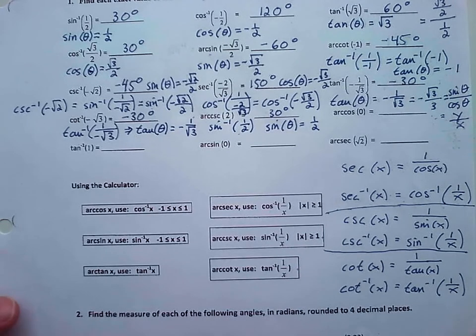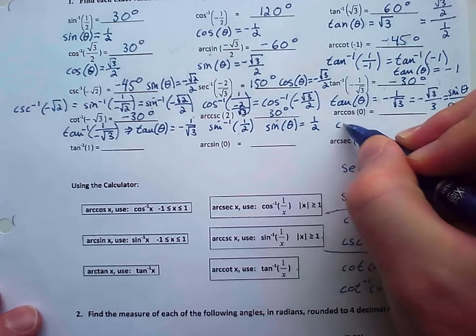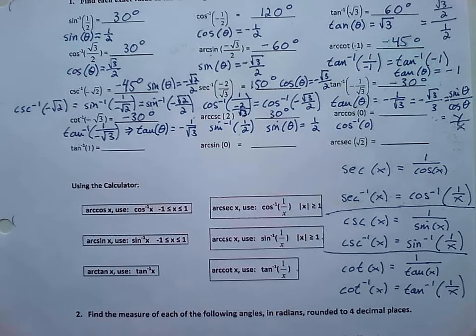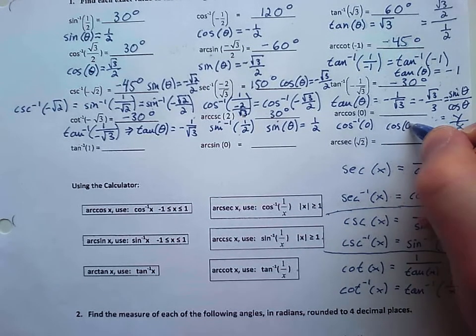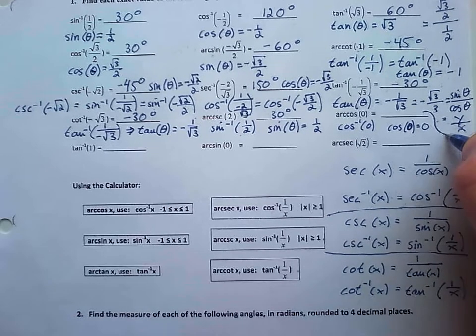Alright, for the arc cosine, we can rewrite this as just being, right, so here this is just different notation. Cosine inverse of 0. Another way that we can write this is that the cosine of theta is equal to 0.